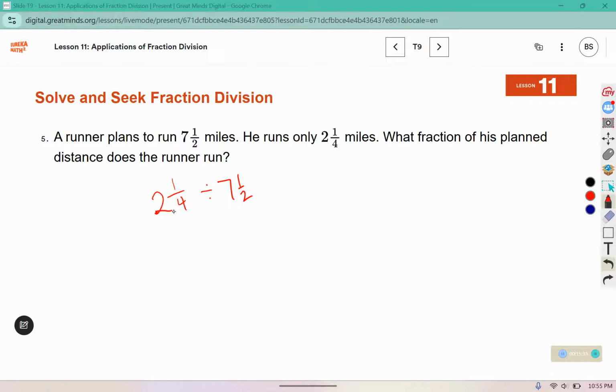2 times 4 is 8, plus 1 more is 9. 7 times 2 is 14, plus 1 more is 15.